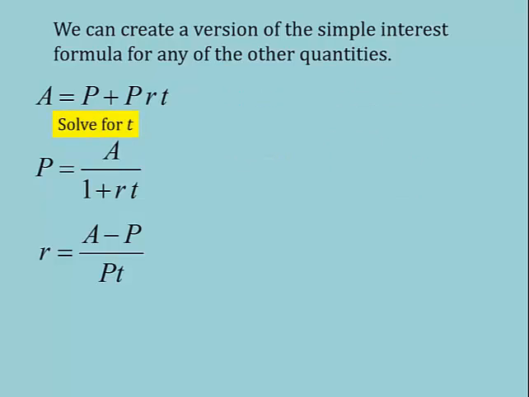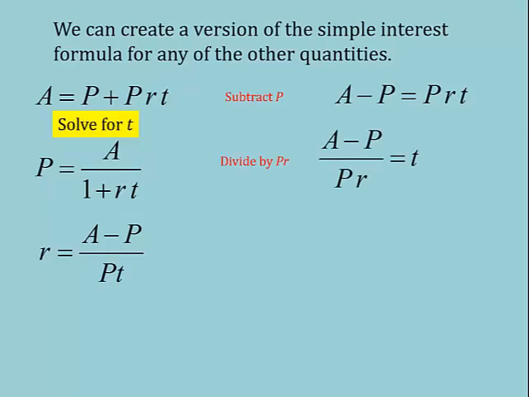And then finally, the only other variable is T. To solve for T, we subtract P, divide both sides by P and R, and there's our formula for T. So we got 4 different simple interest formulas. The top formula will be on your formula sheet. The others are not. And so if you want those, you'll need to come up with them.